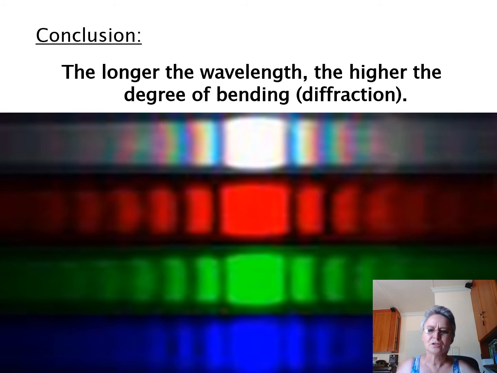In the first pattern, that of white light, you can see that after the central band and the first set of nodal bands or dark lines, you get the spectrum of colors with the blue light closest to the central light band and the red further. The reason for that is blue light is diffracted or bent less than red light.